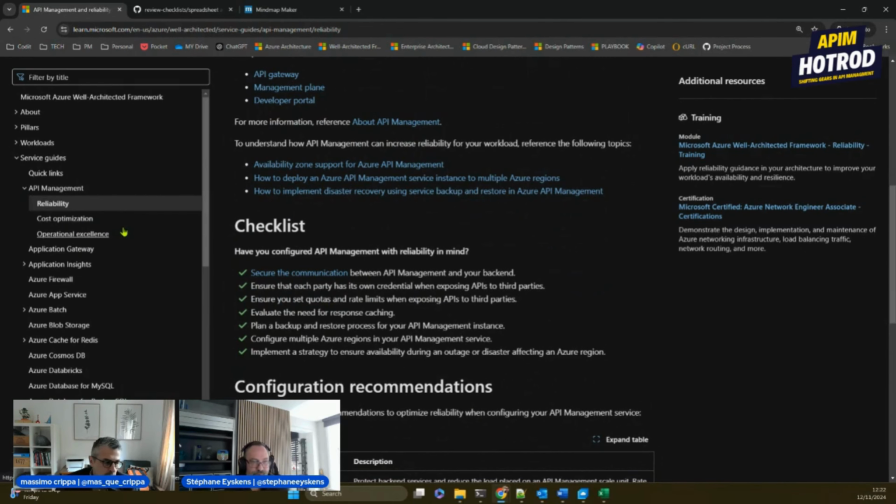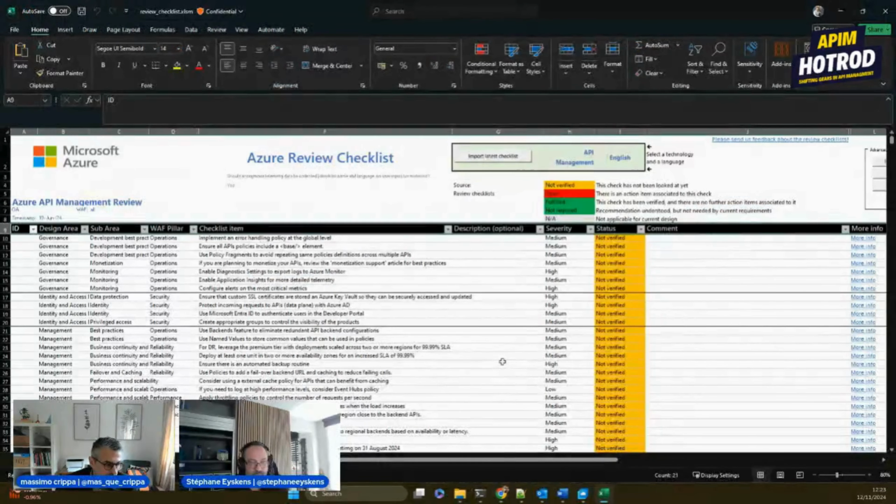But most of them, I believe 90 to 95 percent of these controls, you also have here in this review checklist. I found this very handy and easy to use. What's your opinion so far?